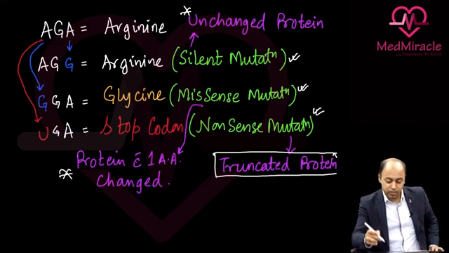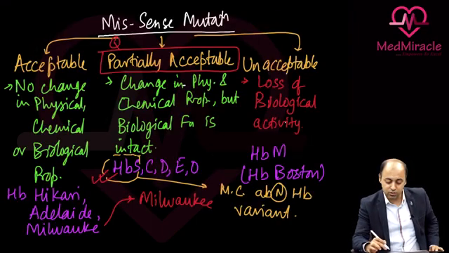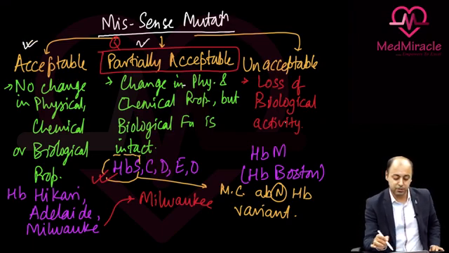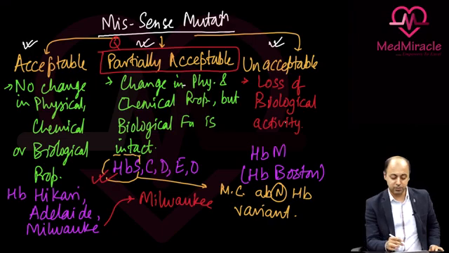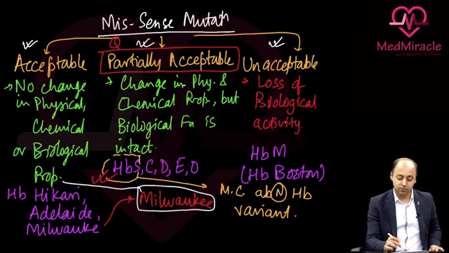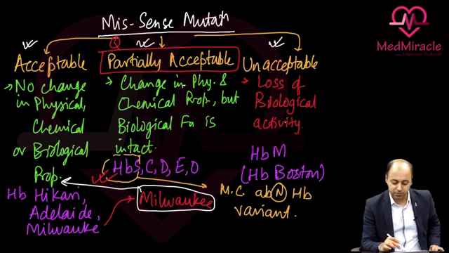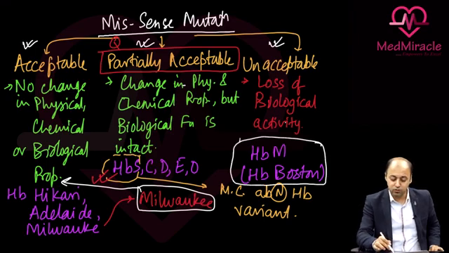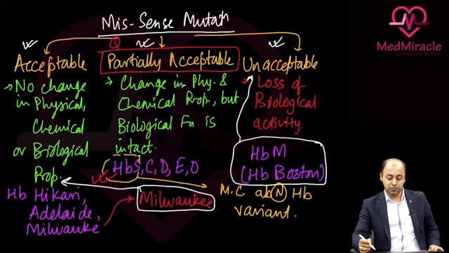Take a look at the protein with one amino acid changed, which was the missense mutation. Missense mutation may be acceptable, partially acceptable, or unacceptable. The examples are hemoglobin Hikari, Adelaide, and Milwaukee for the acceptable, HBS for the partially acceptable, and HBM, also known as hemoglobin Boston, for the unacceptable category.